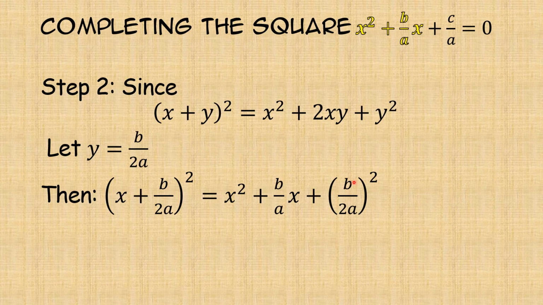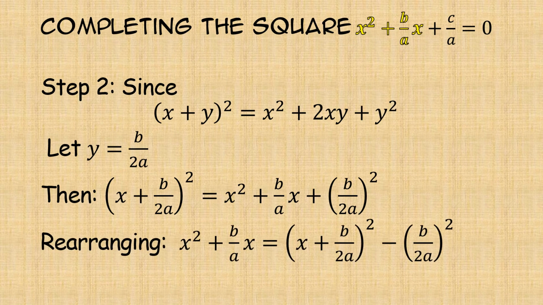Do you notice that the first half of this equation on the right hand side looks very similar to the yellow highlights above? In fact, they are exactly the same. So then we just need to rearrange to get x squared plus b over a x, that's what's in yellow highlights on top here, equals x plus b over 2a bracket squared minus b over 2a bracket squared.